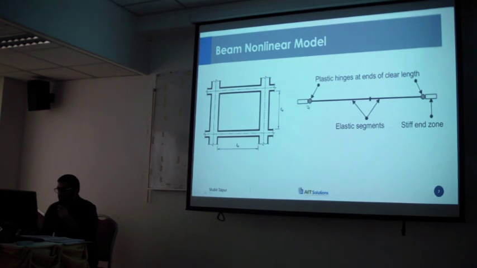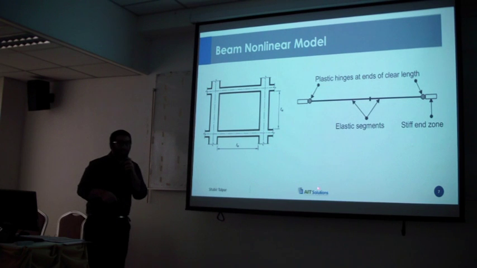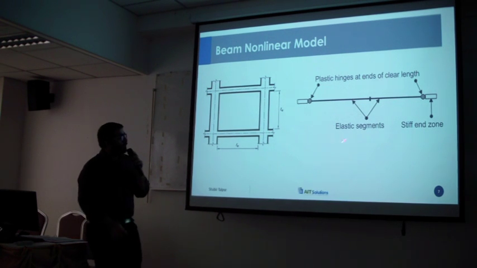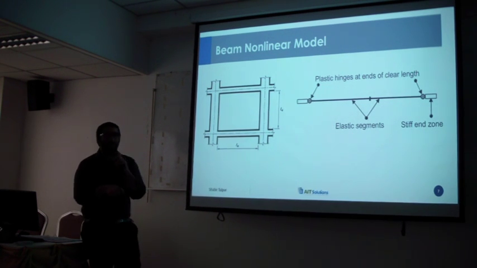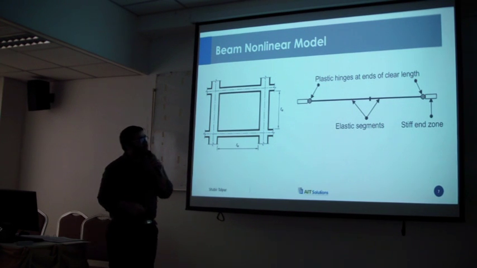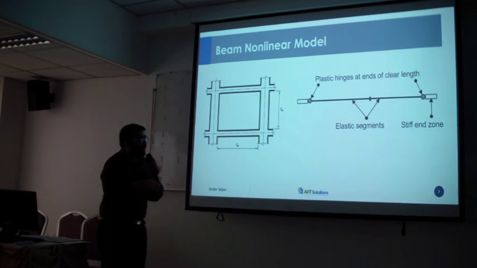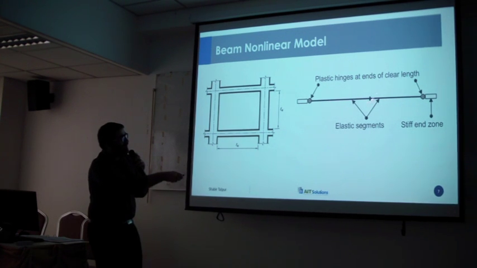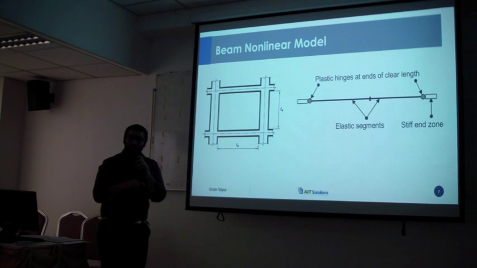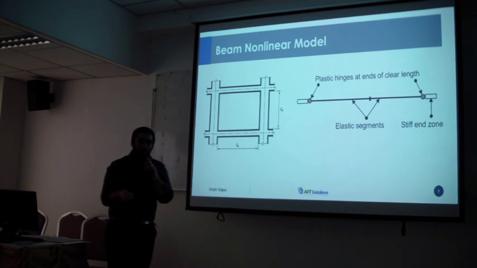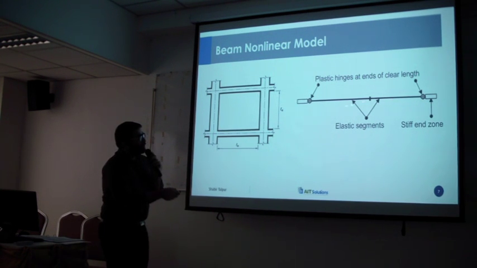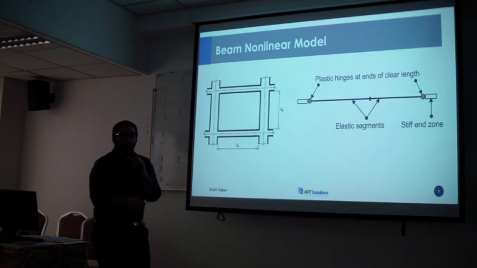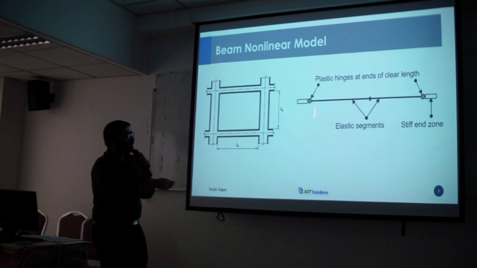If you see over here, generally when we assign a property to a beam in Perform 3D, for a beam that we want to be nonlinear, we will need three main things. We will need an elastic section or elastic segment, right? Now the cross section that I already defined is the elastic segment shown in here. But we've not put it together in a form like this. We will do it later, right?